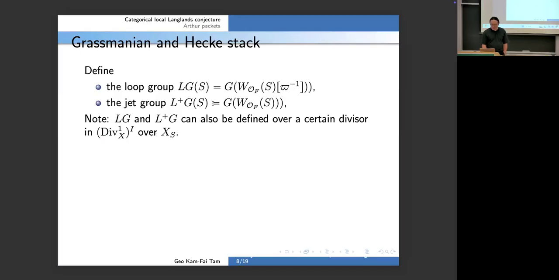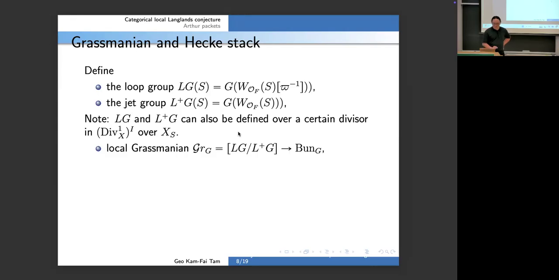So in any way, I just don't write down the divisor version of these loop group and jet group, but just bear in mind they can be upgraded to some more complicated situation. I will talk about it later, when I use a little bit of the upgraded version using the divisor.